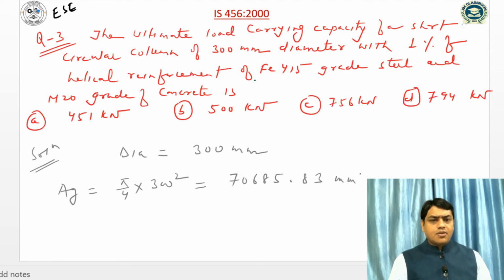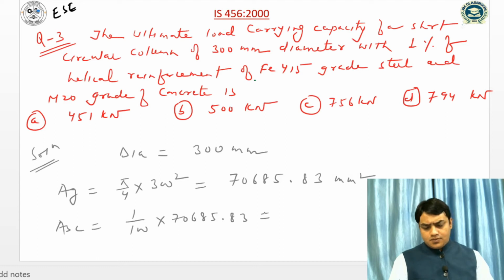So it will be 70685.83 mm square. ASC is 1%, so it will be 1 by 100 into 70685.83. So it will be 706.86 mm square.